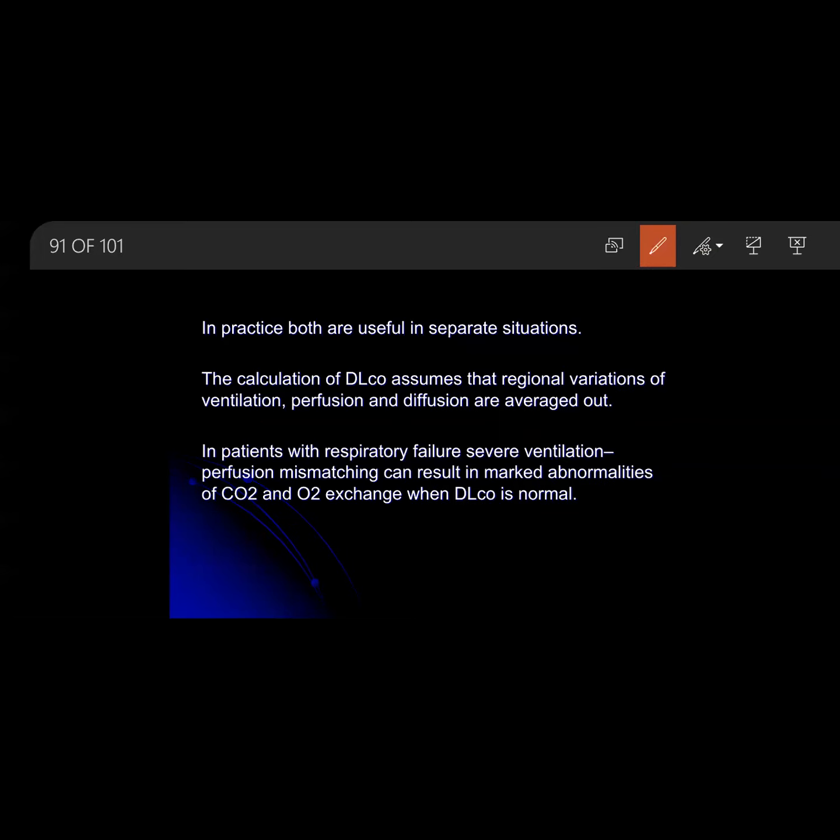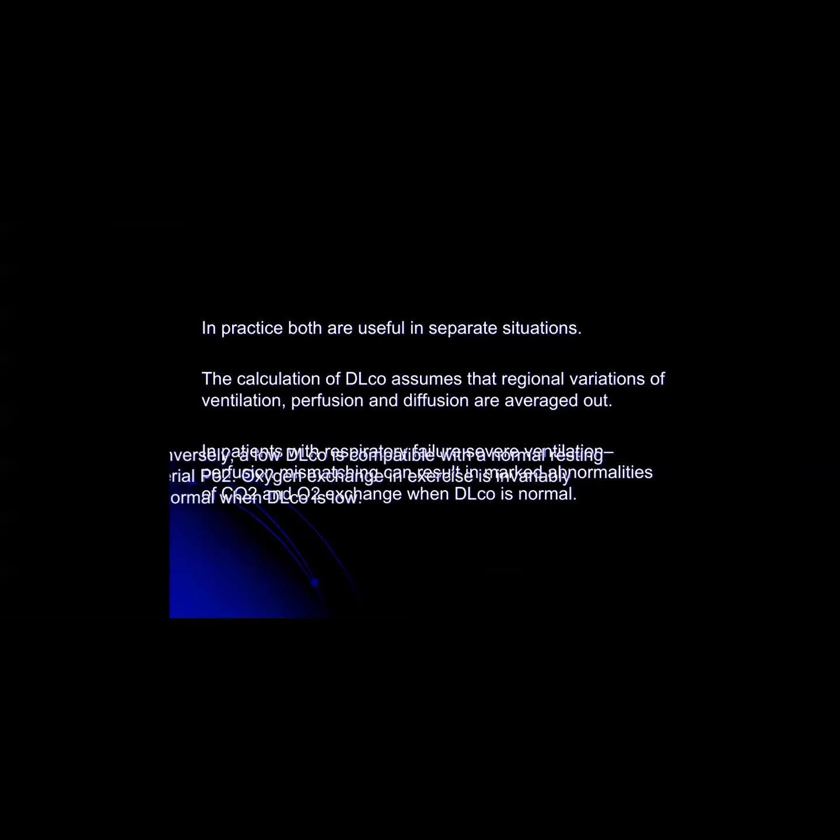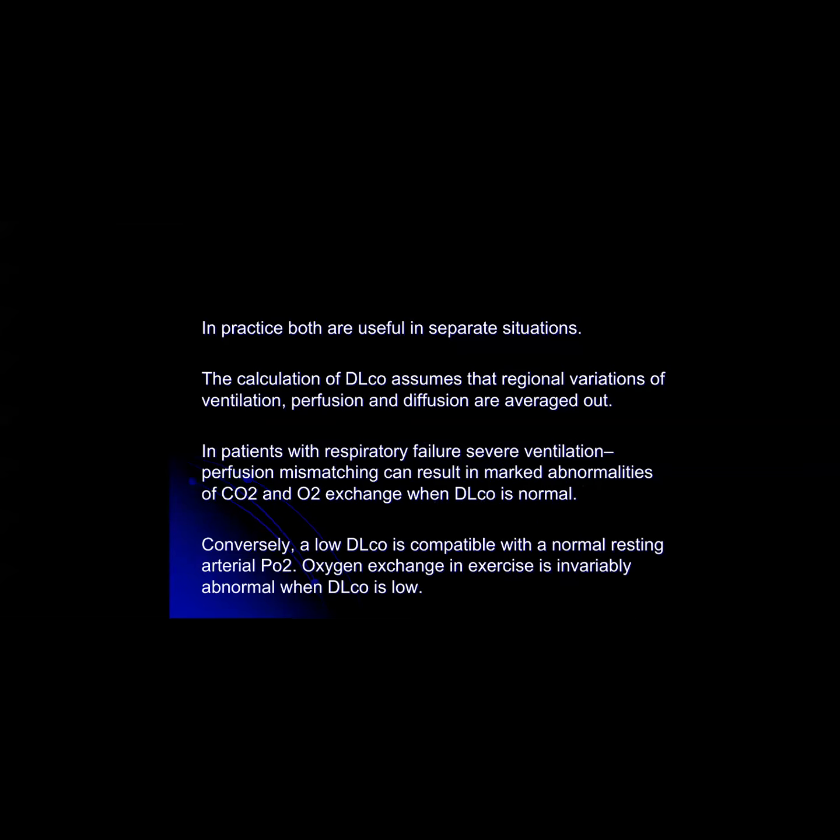Inversely, low carbon monoxide diffusion is sometimes compatible with a normal resting arterial PO2. You can have a patient with a normal resting arterial PO2, but when you test the carbon monoxide diffusion, you find it is reduced, and oxygen exchange in exercise is invariably abnormal when carbon monoxide diffusion is low.